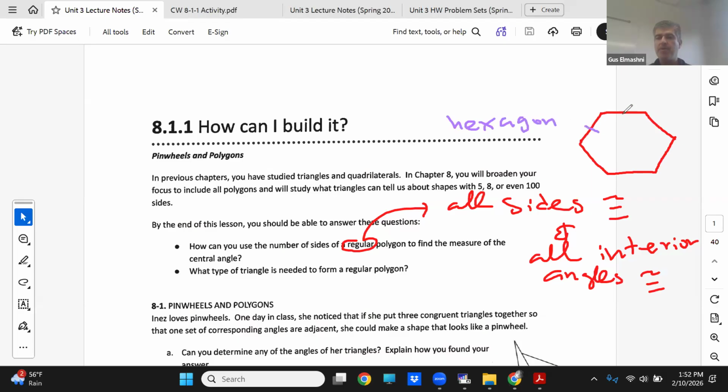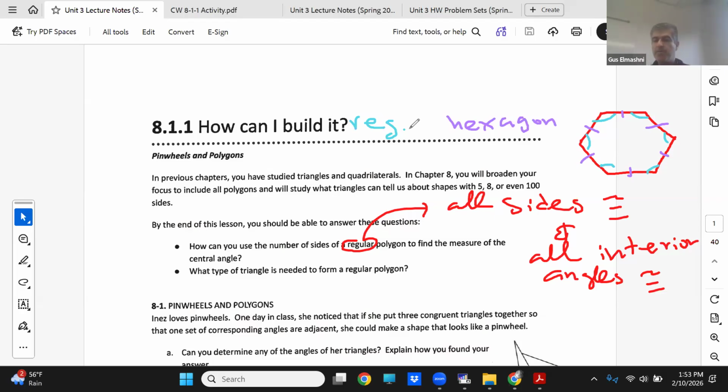So it so happens that all these sides are all the same, and all the interior angles are all the same. So this is a regular hexagon, sorry. Thank you for clarifying, Connor. So yeah, regular means all the sides are the same, all the interior angles are the same.